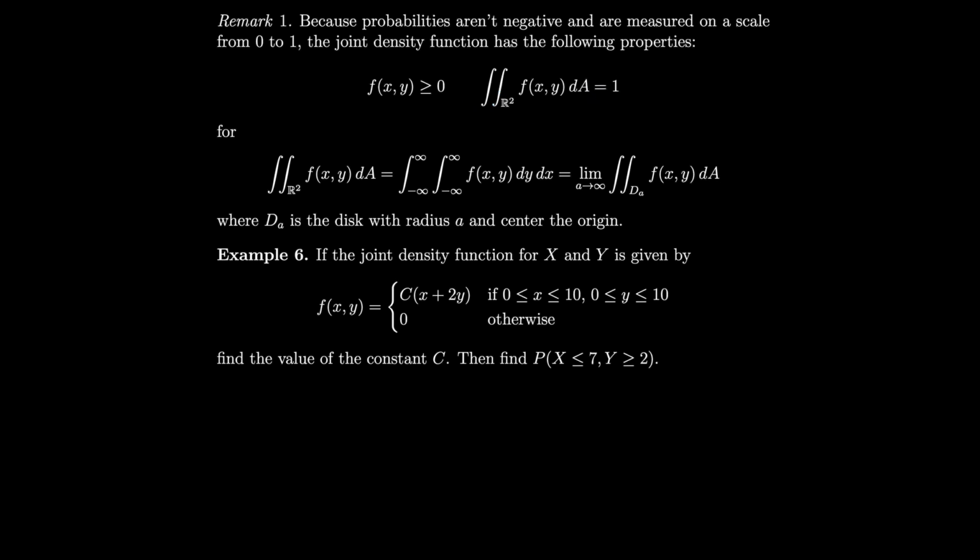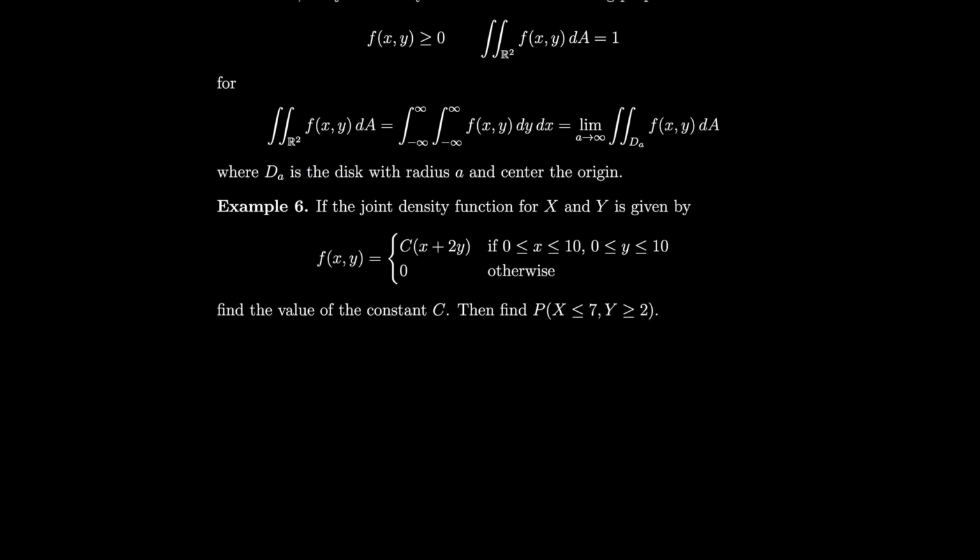So if we're looking at the double integral over the entire plane, then we split that into the iterated integral from minus infinity to infinity, minus infinity to infinity, and we say that that's just the limit of the double integral over a disk of radius a as a goes to infinity, as the disk keeps getting bigger and bigger. So that's what we mean when we say we integrate over the entire plane.